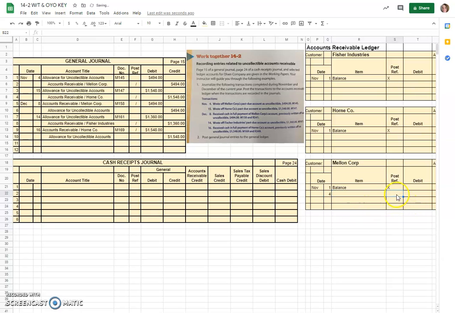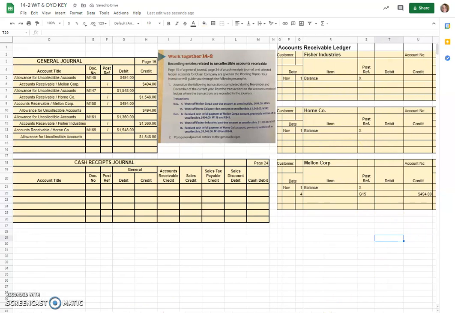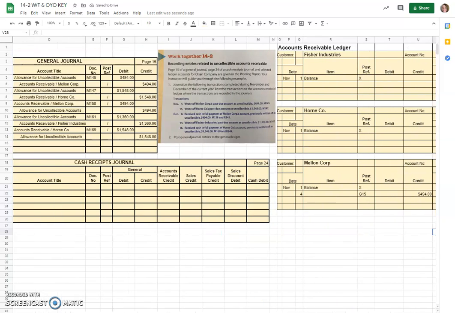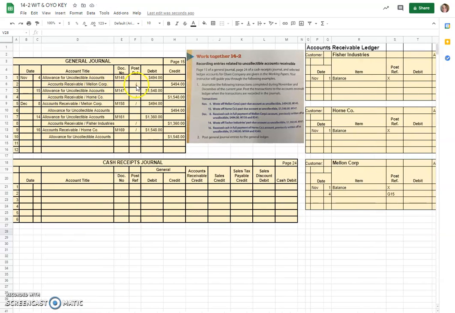And the reference was G15, General Journal, page 15. And let's just try to get over a little bit. So our new balance is a debit minus this credit is 0. Okay, so that was account number 130. So we'll go ahead and put 130 right there.